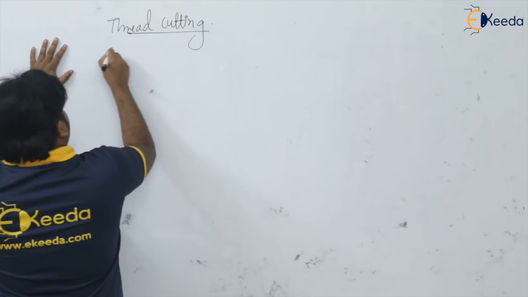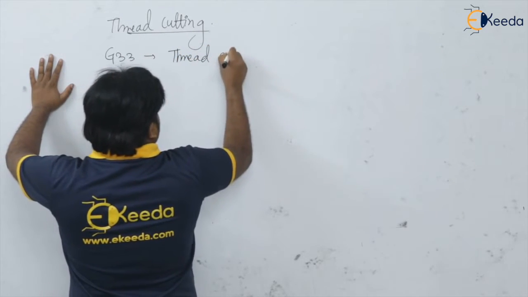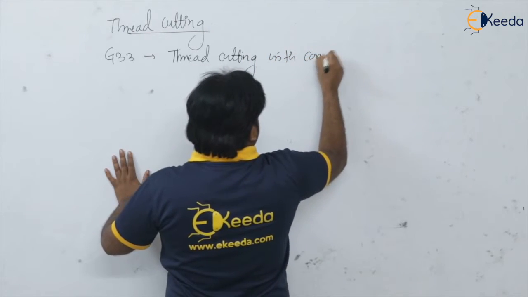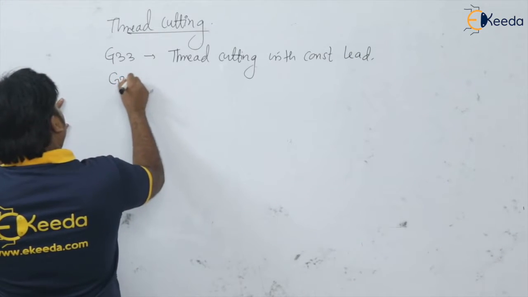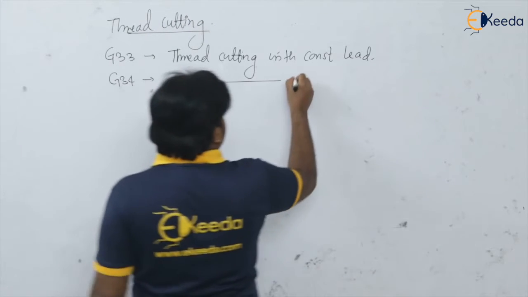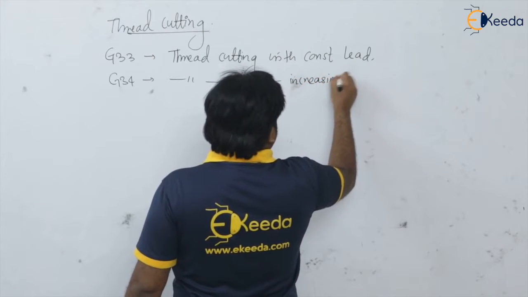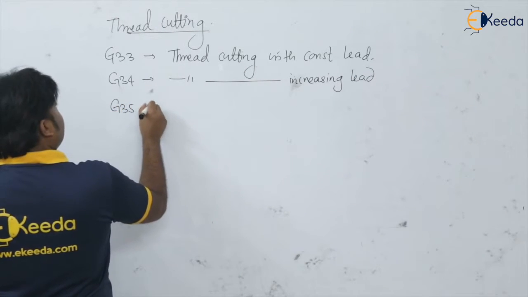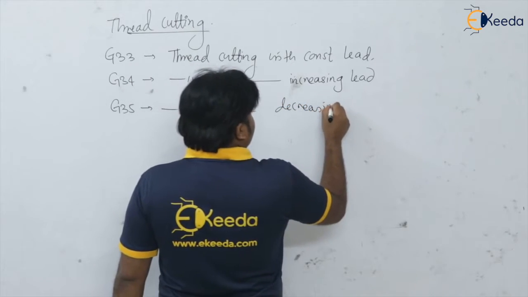G33 is the thread cutting with constant lead, G34 is the thread cutting with increasing lead, and G35 is the thread cutting with decreasing lead.